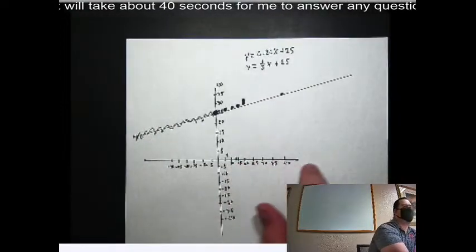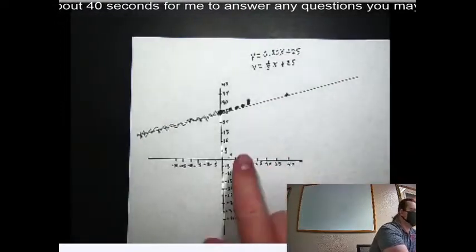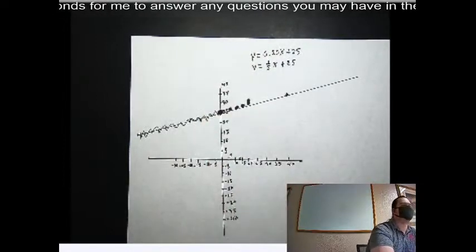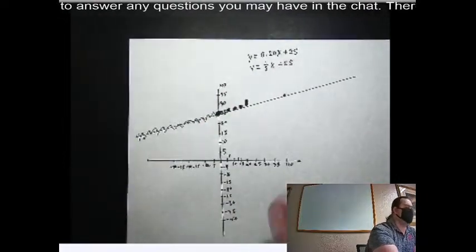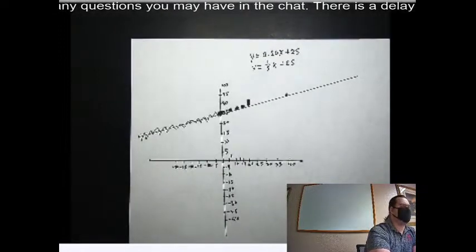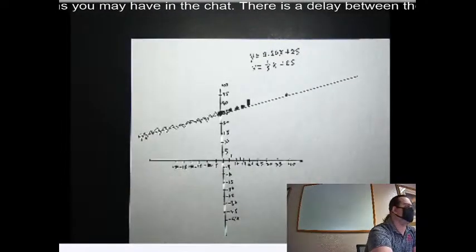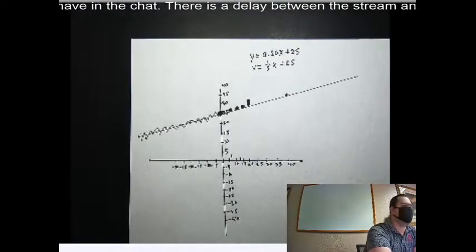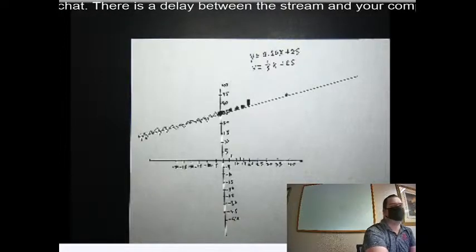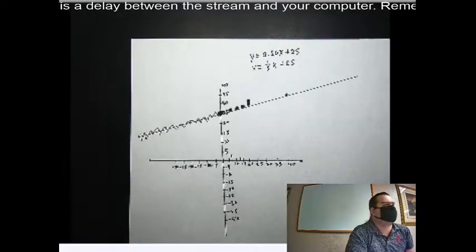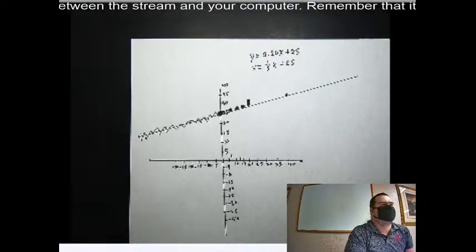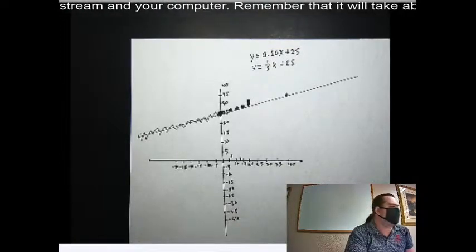I can look anywhere on my minutes or anywhere on my price, and I can figure out what the other one is. I don't need to solve. Does that make sense? Any questions?